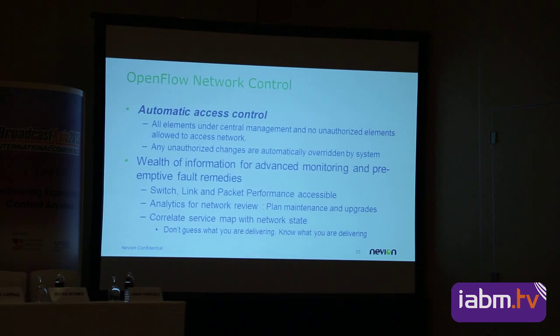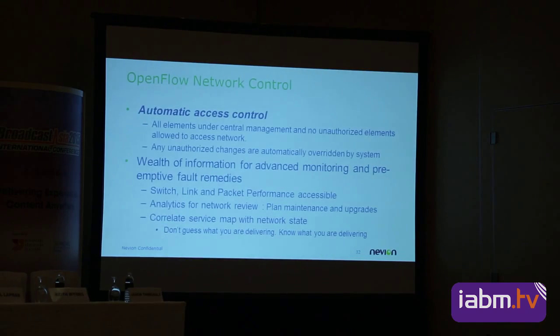So it prevents people from making changes on the fly. And with OpenFlow, we can extract a lot of information, and we can start aggregating and correlating. We can get switch information, link and packet performance statistics to build a network map to give you a very good view of the actual performance of your network itself.